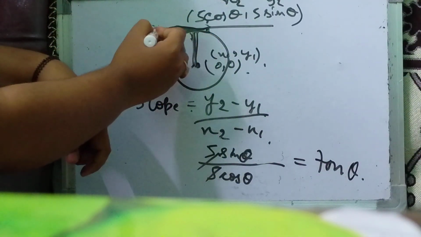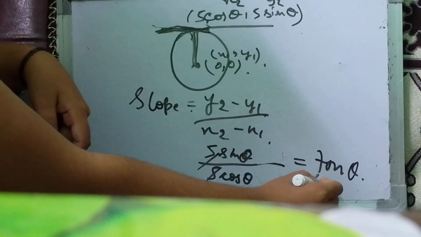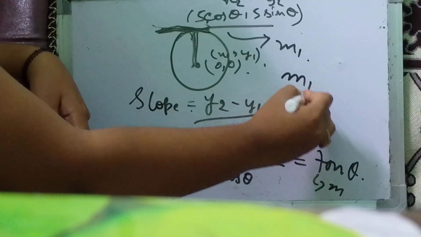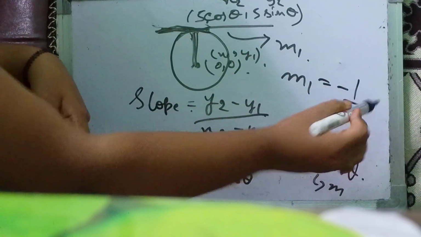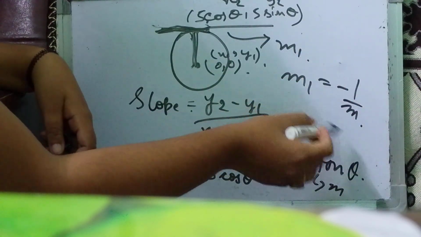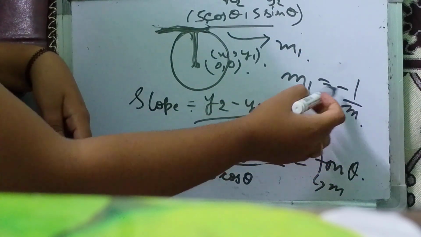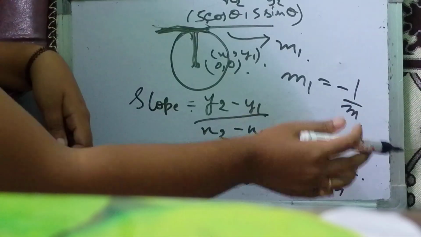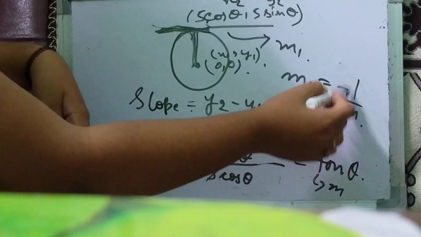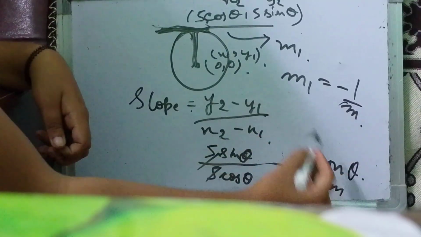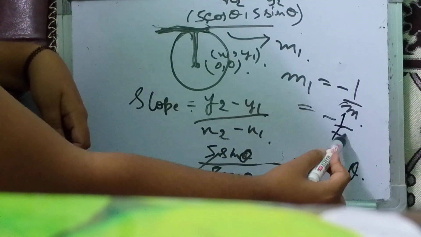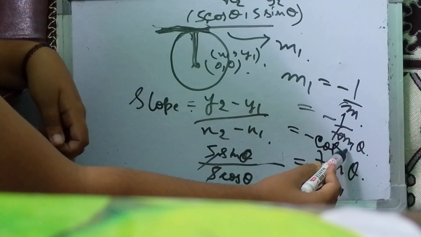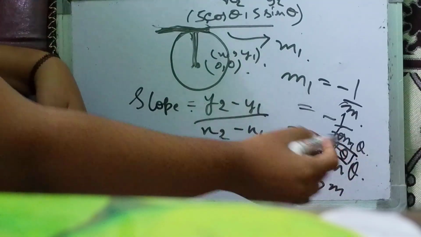Now perpendicular to this line, this is slope m. We need to find slope of m1. So m1 is equals to minus of 1 by m. Whenever a line is perpendicular to one line, its slope becomes minus of 1 by that slope. So it will be equals to minus of 1 by tan theta, which is equals to minus of cot theta. So this is the answer.